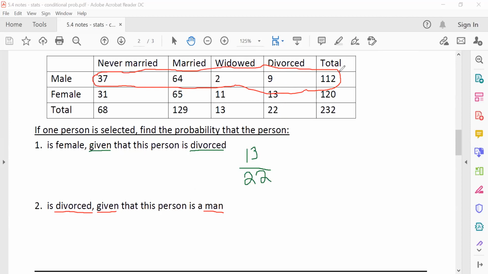We're just looking at the males, the men. There's 112 total men. So that's going to be the denominator of our probability calculation because we are given that the person is a man. So it's going to be 112 on bottom. And then the top number is going to be the number of things that fit into both of these categories. Is divorced and male, that's 9.